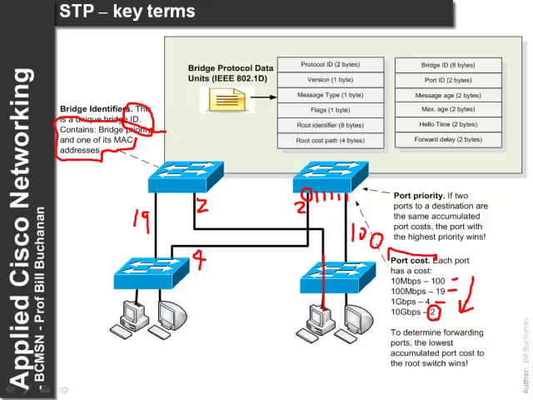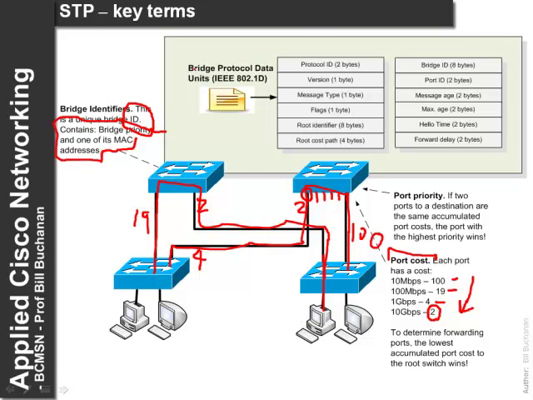So to calculate the routes we basically add them up. We have 19 plus 2 gives us 21. In this case we might have 4 and 2 and 100, so the first route would win.